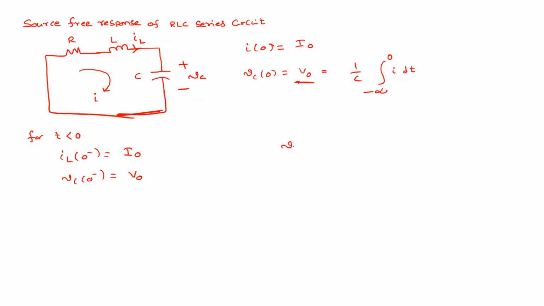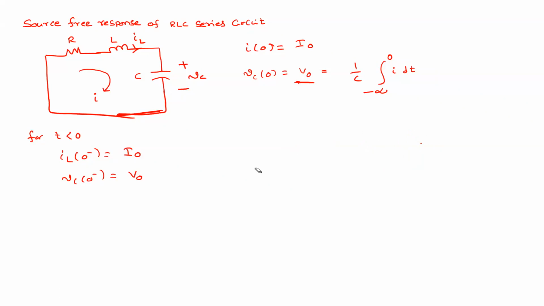Similarly, for example, if you want to write Vc of t, so how will you write it? Minus infinite to some t value, I dt, right? This is the same way I have written. Understood? Sir, the direction of I will be minus I. Why minus I?